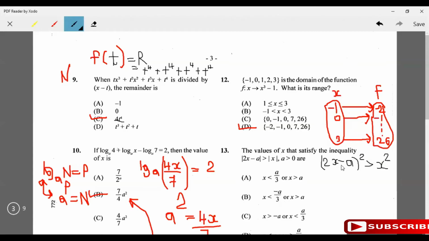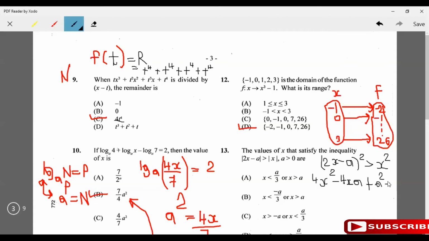So now we have an inequality to solve. We just need to expand the bracket on the left-hand side to get 4x squared minus 4xa plus a squared, and that's greater than x squared.